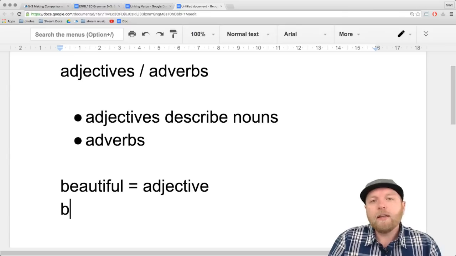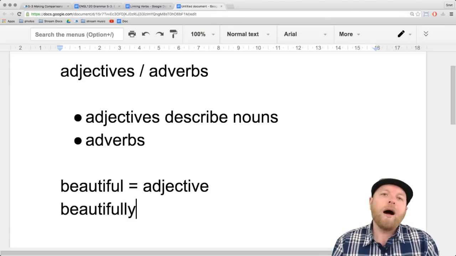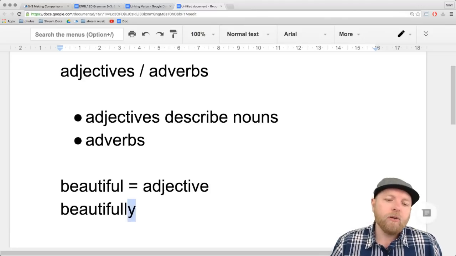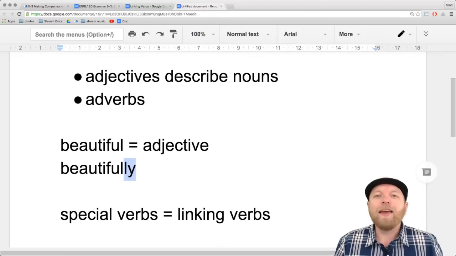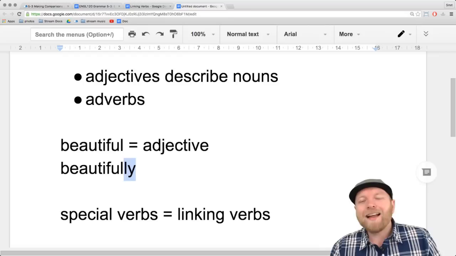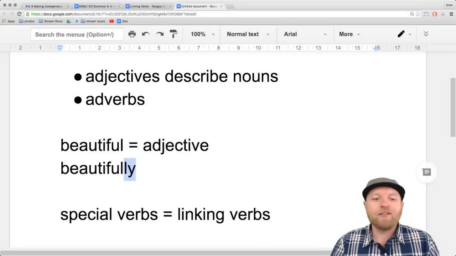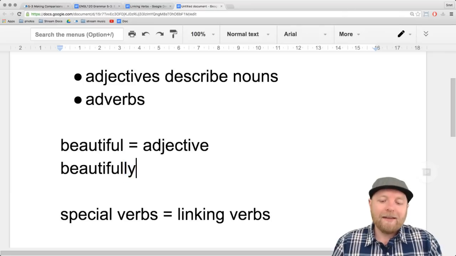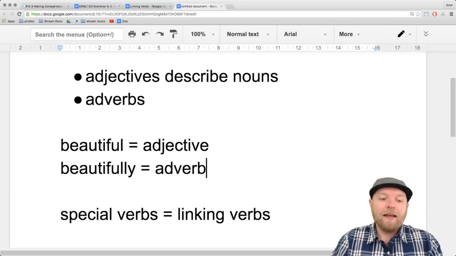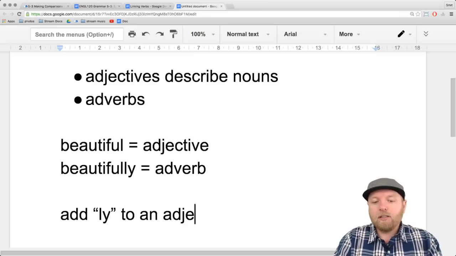They understand that beautiful is an adjective, right? And then usually we can make an adverb with ly, right? Not always, but maybe about 90% of the time we can make an adverb just by adding ly to an adjective.